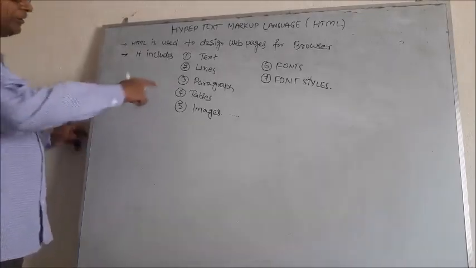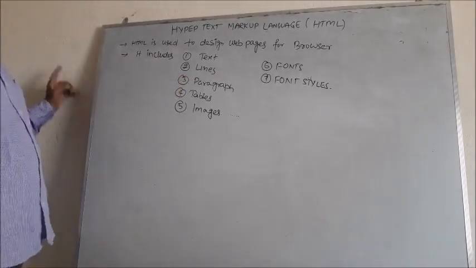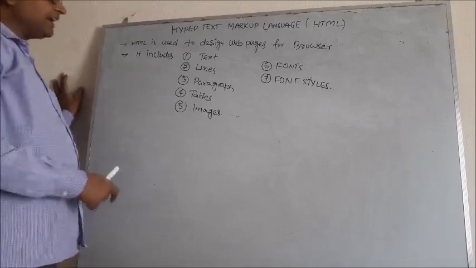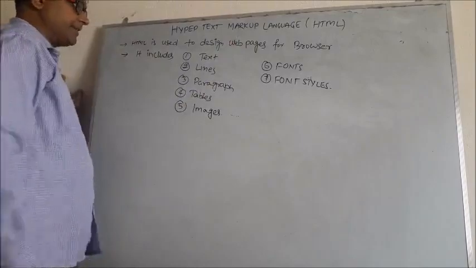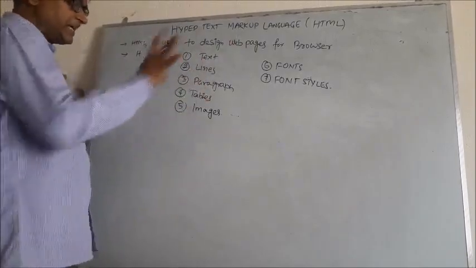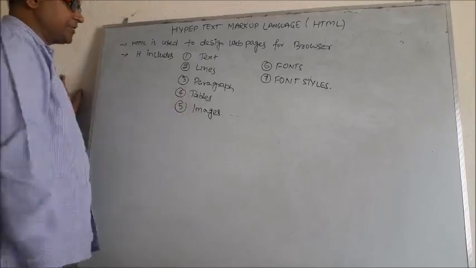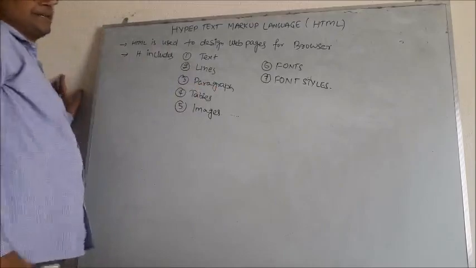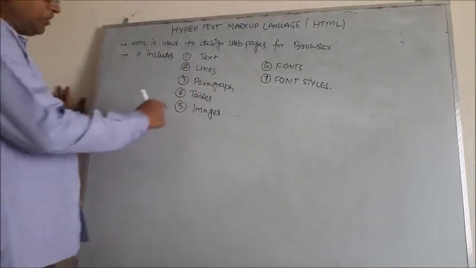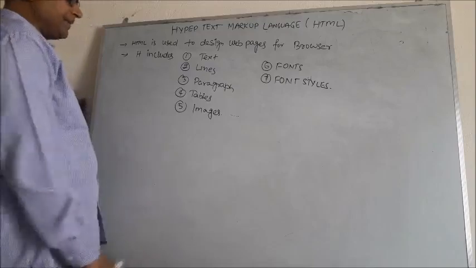We can also write some lines, right? And after writing some lines or text, we can create some web pages, right? How web pages will be created, that I will definitely teach you right now. You can also write paragraphs in HTML, right?